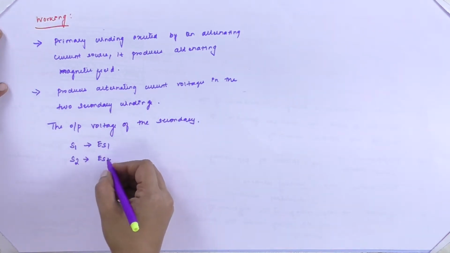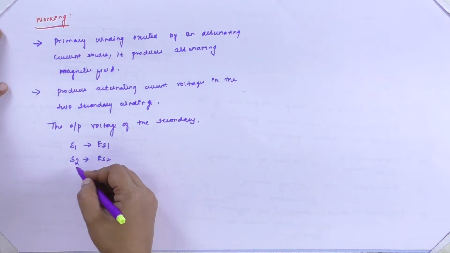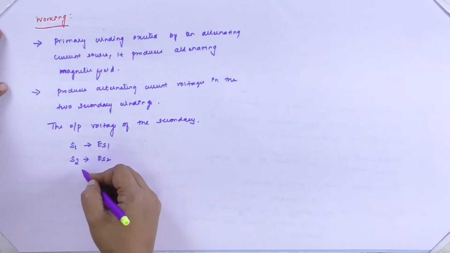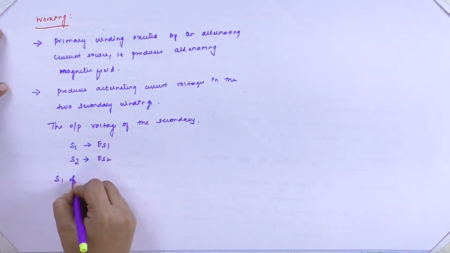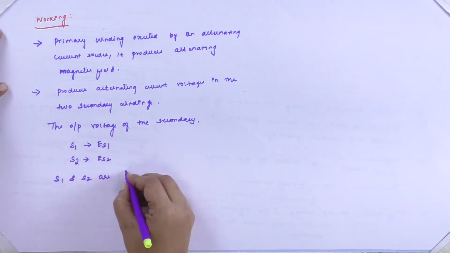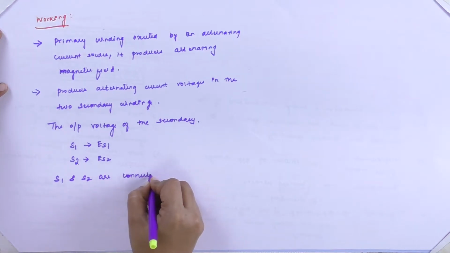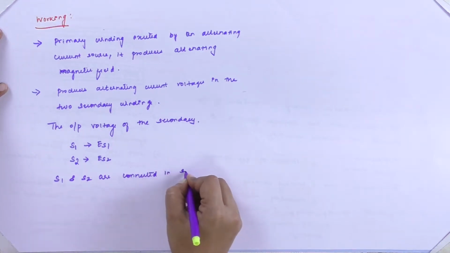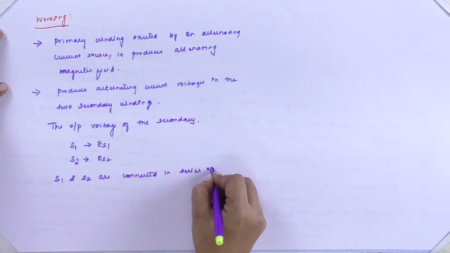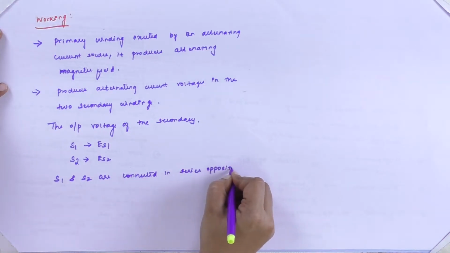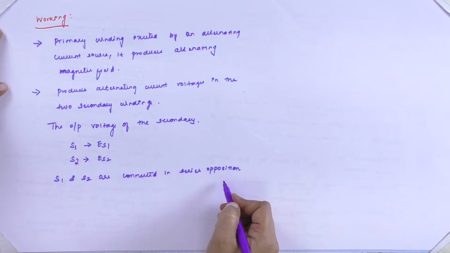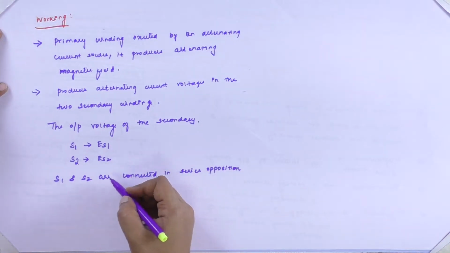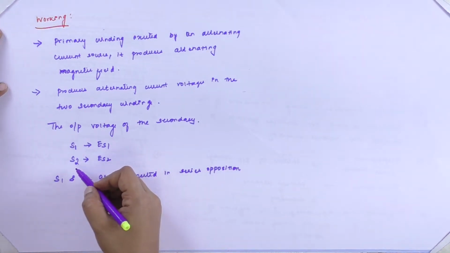To get a single voltage signal from the secondary windings S1 and S2, these two secondary windings are connected in series opposition to each other, so that we can get a single output from the two secondary windings.